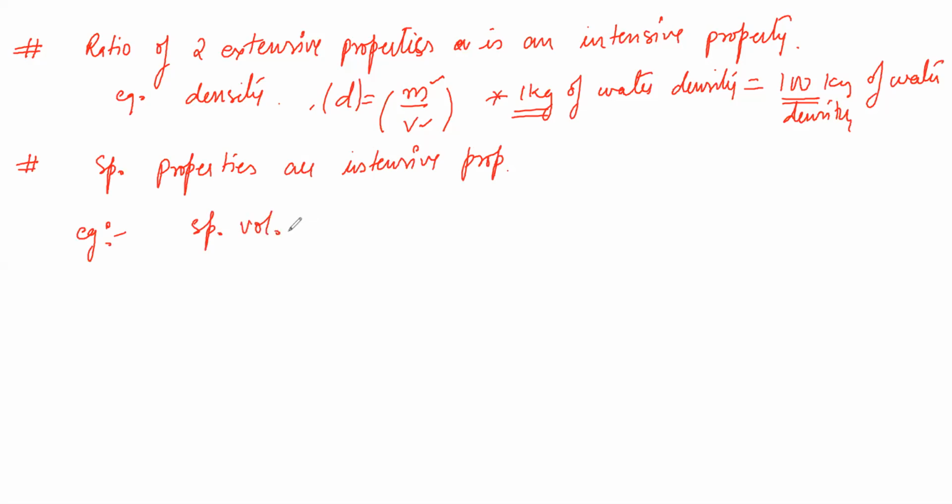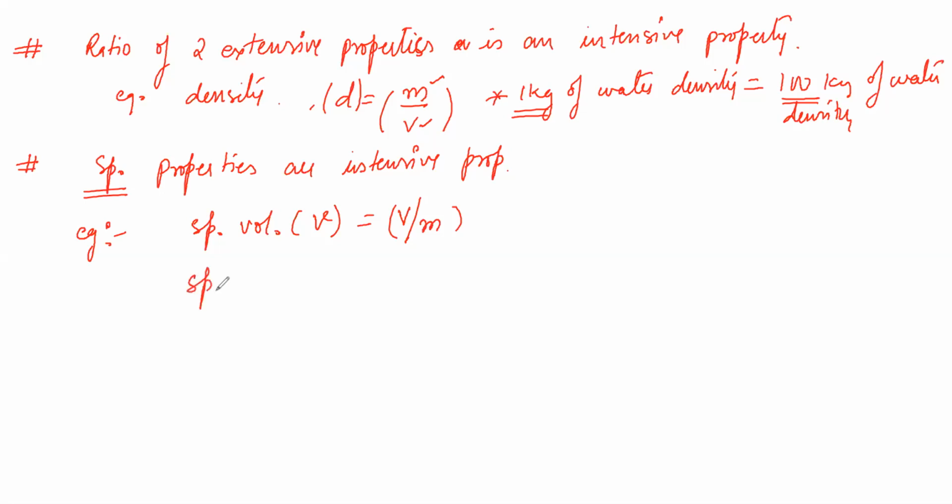So what is specific volume? Volume divided by mass. Whenever I'm talking about specific, always remember, this specific term is very important. So if it is specific volume, then it is volume divided by its mass, right?